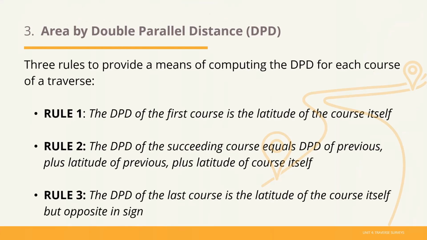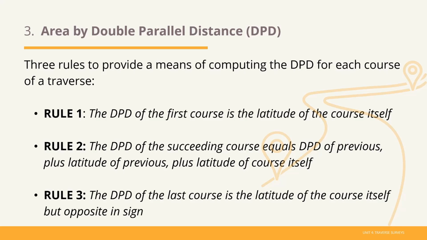Rule number 1: the DPD of the first course is the latitude of the course itself. For the second rule, the DPD of the succeeding course equals the DPD of the previous course plus the latitude of the previous course plus the latitude of the course itself. And rule number 3 states that the DPD of the last course is the latitude of the course itself but opposite in sign.